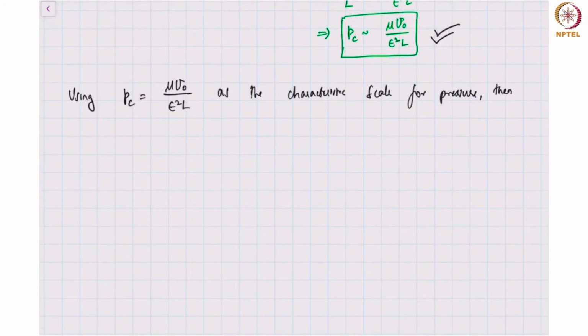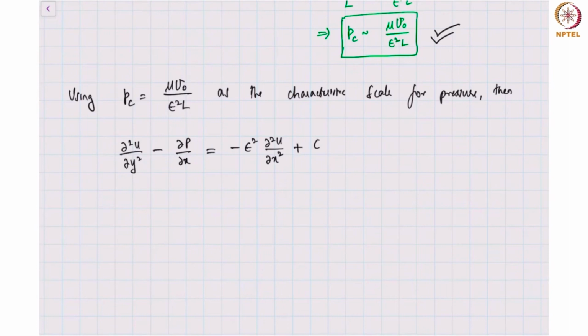So what we now have is del square u by del y square minus del p by del x is equal to minus epsilon square del square u by del x square. I've taken all the order 1 terms on the left side. There are only 2 of them. And all the other terms will be on the right hand side.